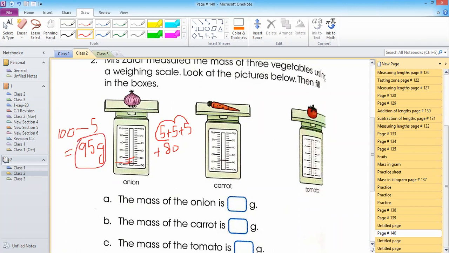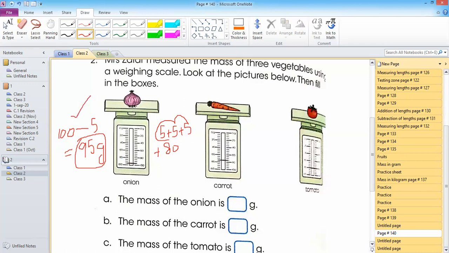I again repeat, guys, how you will check it. The needle is at, you can see this is the needle. Check in the book page number 140, guys. You will see it clearly in your book. The point is at exactly one interval before 100. And you know that one interval is equal to 5 gram. So one way is minus 5 from 100.